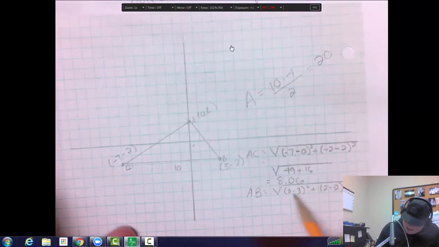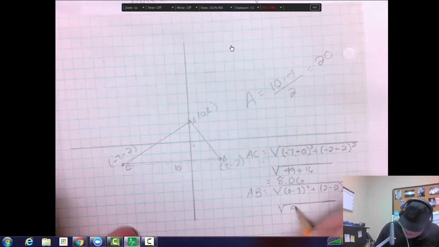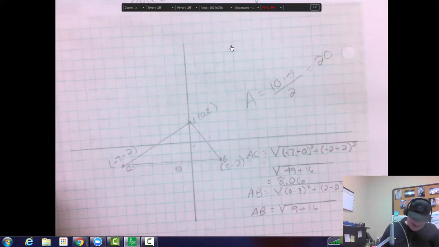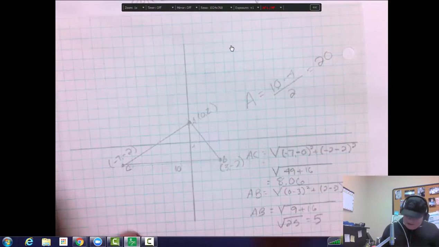So 0 minus 3 is just negative 3, which squared is 9. And then plus 2 minus a negative, right? That turns to plus, so that's 4 squared, which is 16. And 9 and 16 make 25. The square root of 25 is pretty, right? It's just 5. So that one's pretty.